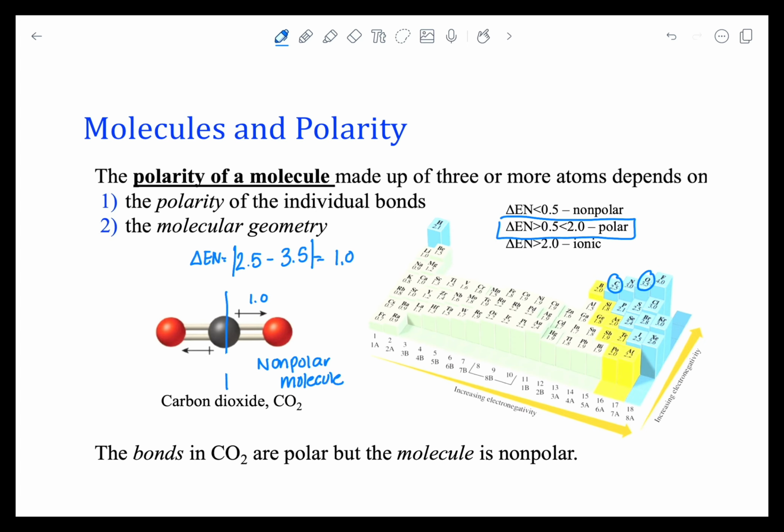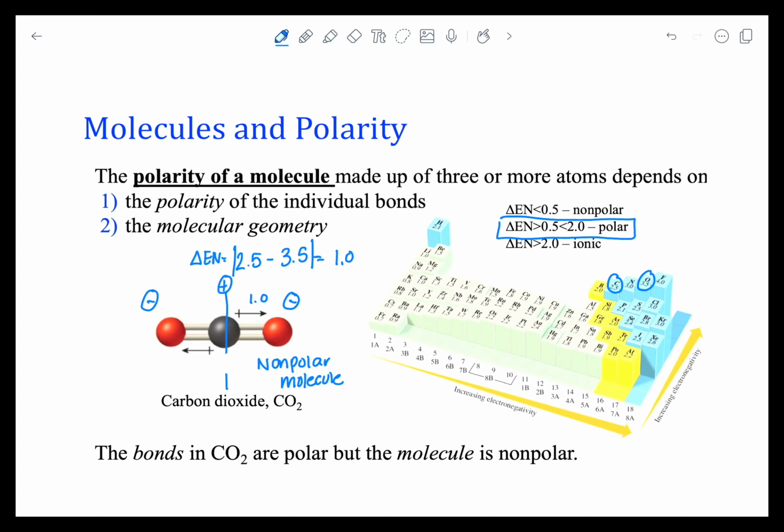Okay, now if we think back to when we talked about polarity, we said that we could see where electrons were localized on polar molecules. In this molecule, there is no one spot that has more electrons than the other. We have high electron density on the oxygens and not a lot on the carbon, so they equal each other out.